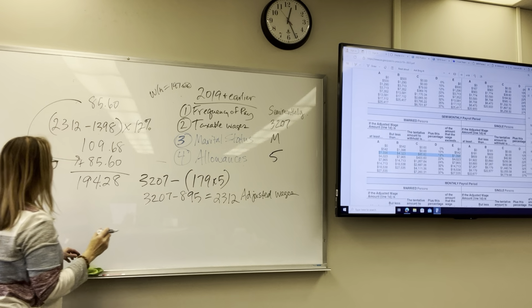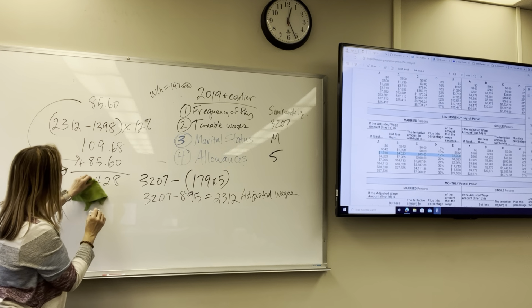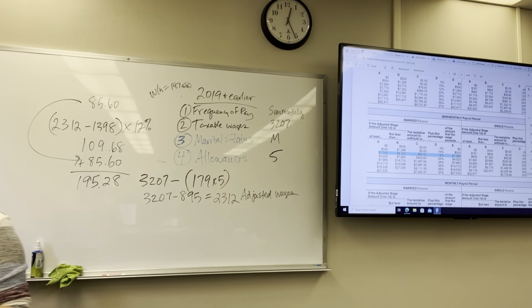Adding them together, I get 195.28. Again, not exactly the same, because the table is a range. It's an income range of about $40.